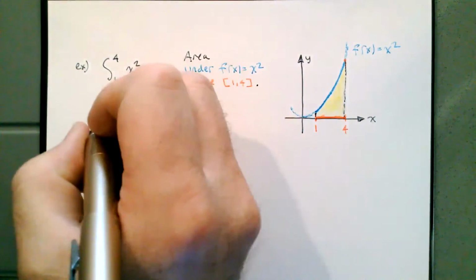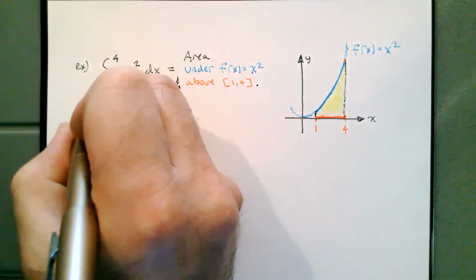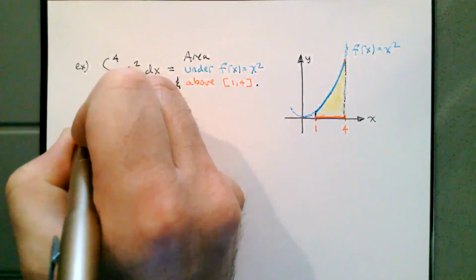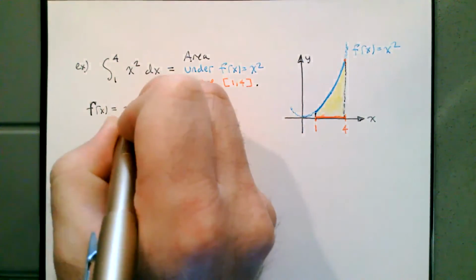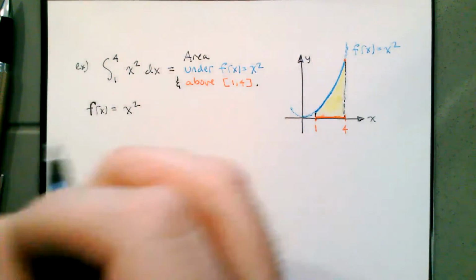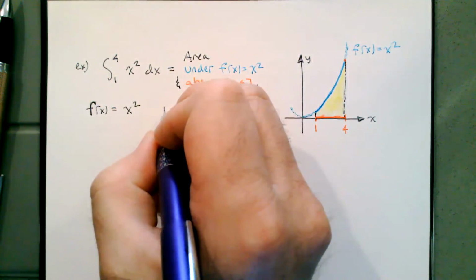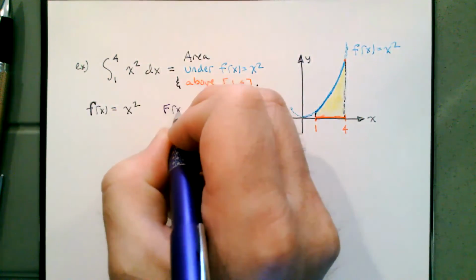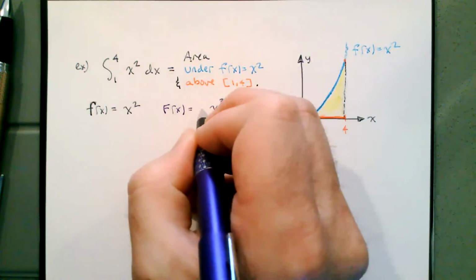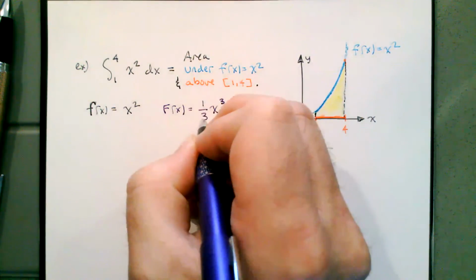So if our little f of x, our function that we're integrating, is x squared, the exponent is 2. To get the antiderivative, we add 1 to the exponent, and then we divide by the new exponent.